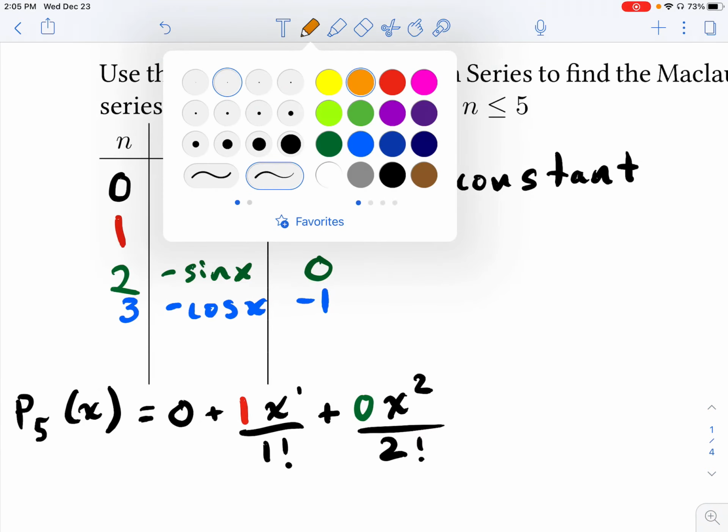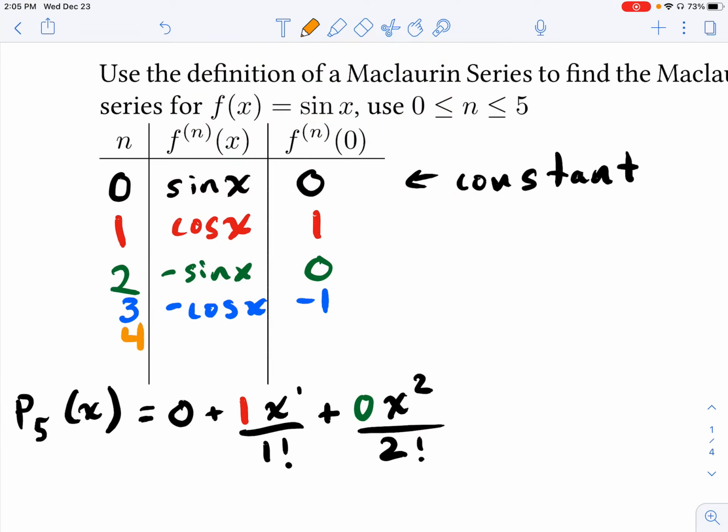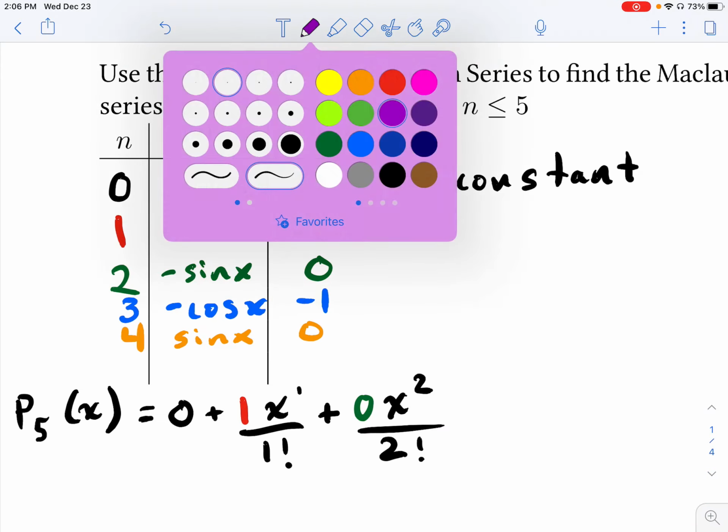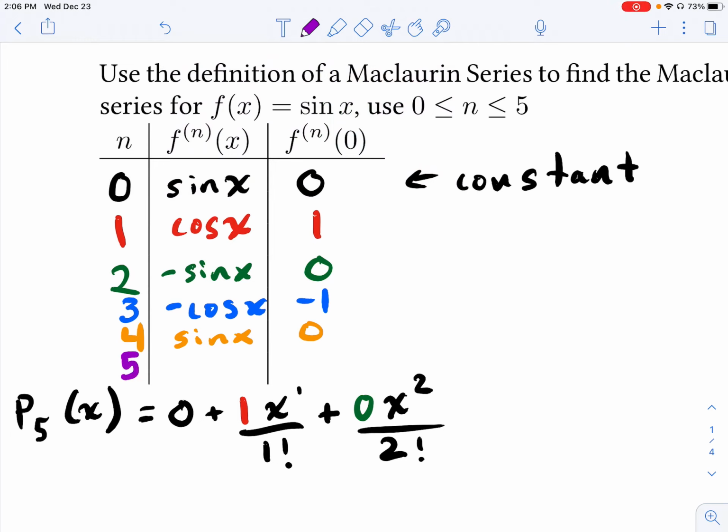And then let's switch to orange. When n is equal to 4, the derivative of this is going to be sine of x. Sine evaluated at 0 is going to be 0. And then for our last row, when n is equal to 5, the derivative of sine, we're now back to cosine x. Cosine evaluated at 0 is positive 1.